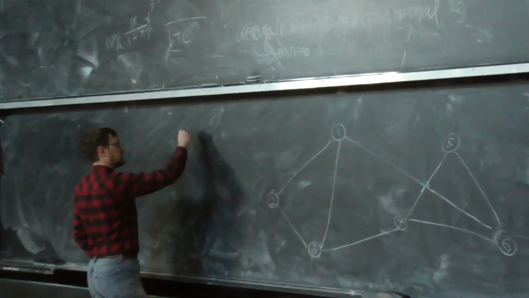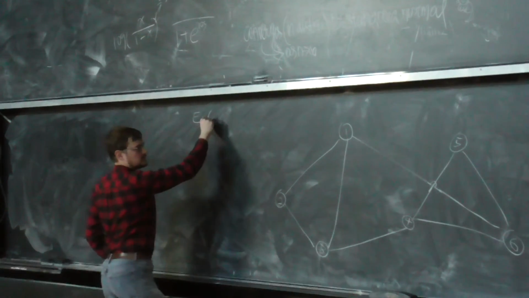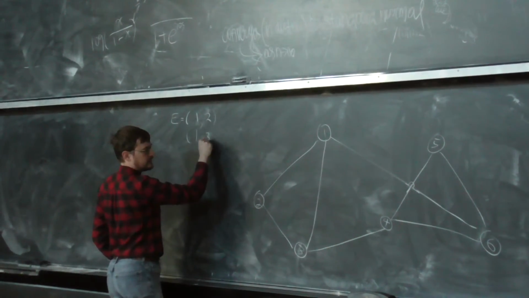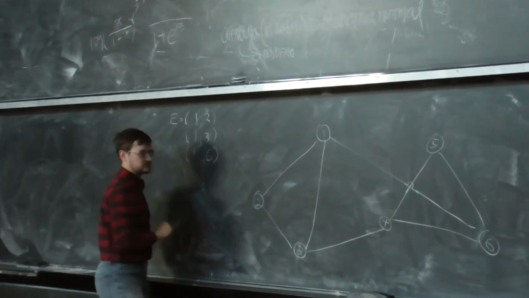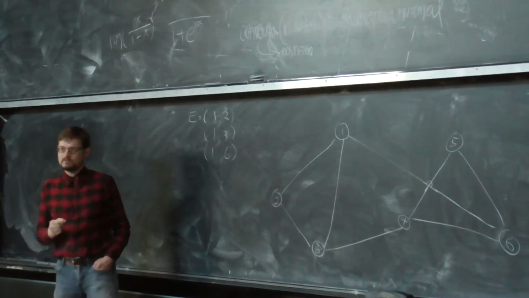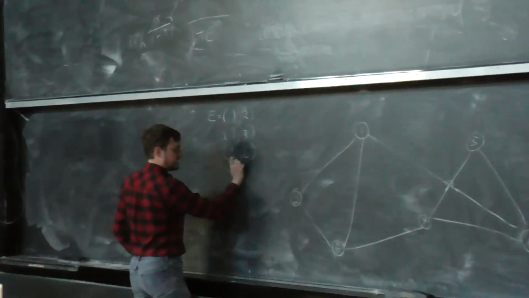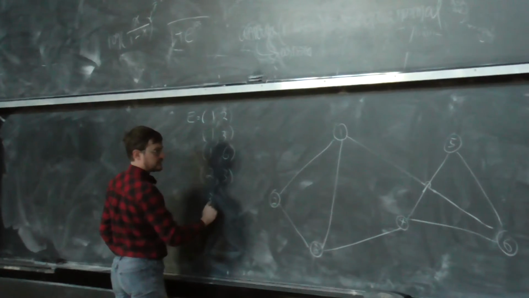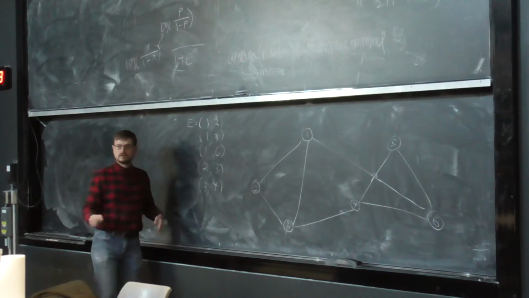So in this case, our set of edges is 1, 2, 1, 3, 1, 6, etc., etc. Make sense? Question? Do we do that for each one of them, right? Yes. Just these. So 2, 3 is 1 as well. 3, 4 is 1 as well, etc., etc. And we don't repeat this.